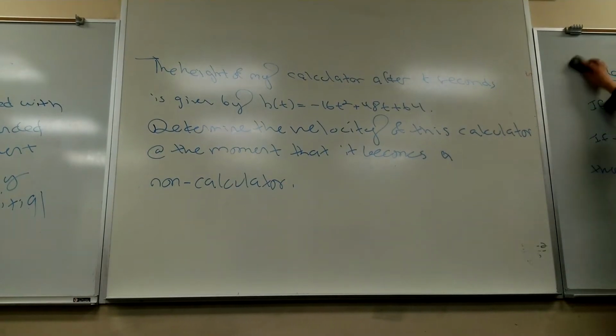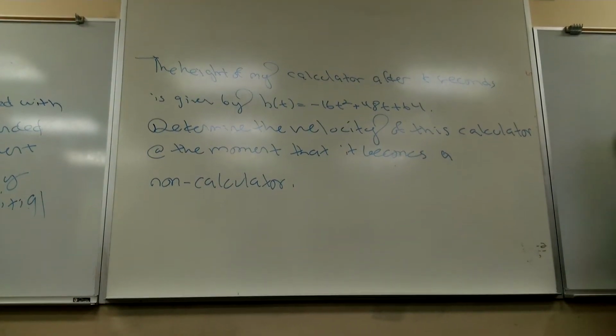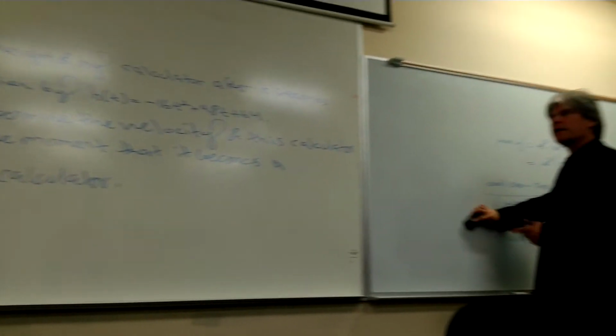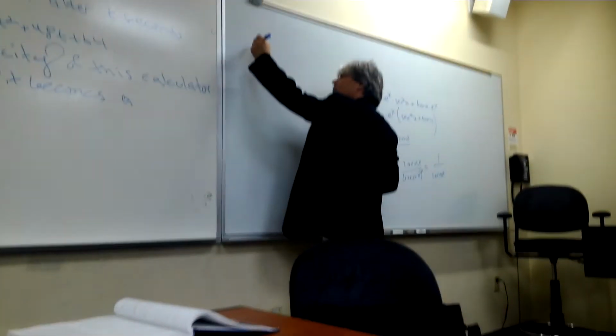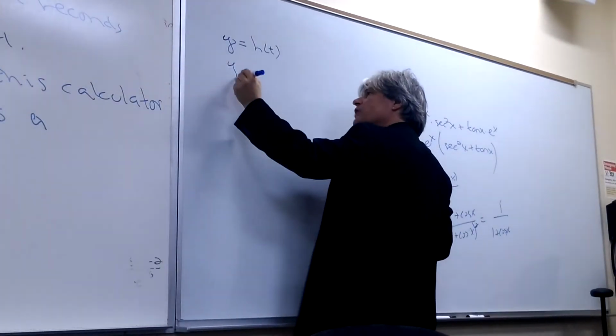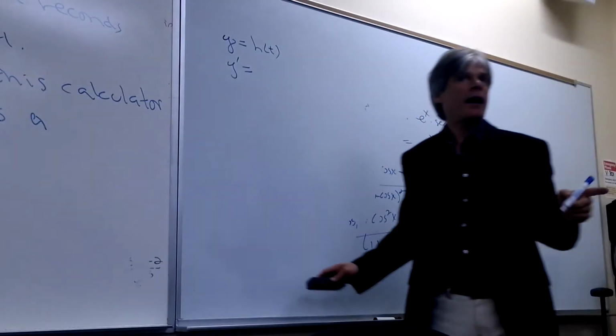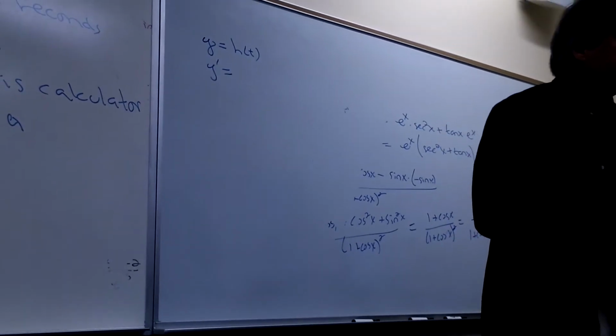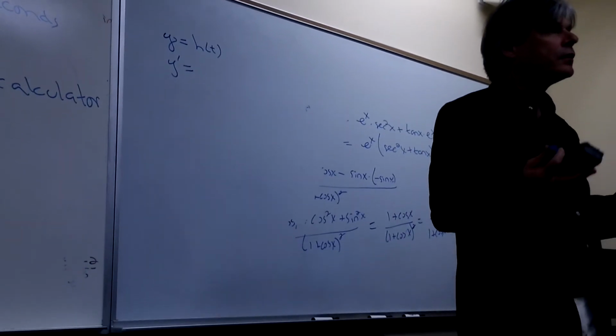So, can we differentiate? Because, you guys, when it comes to the height function, if I've got y being equal to some position function like a height function, when I differentiate, I get the rate of change of height, but the rate of change of height is nothing more than velocity.